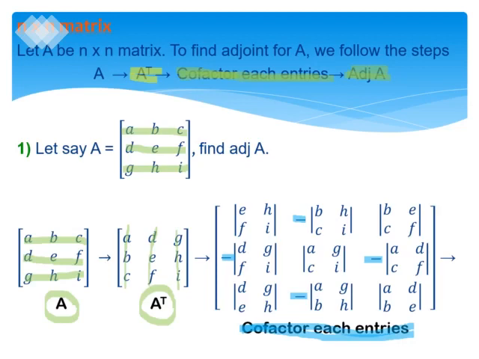And then the minor for each entry. So this one is A11.